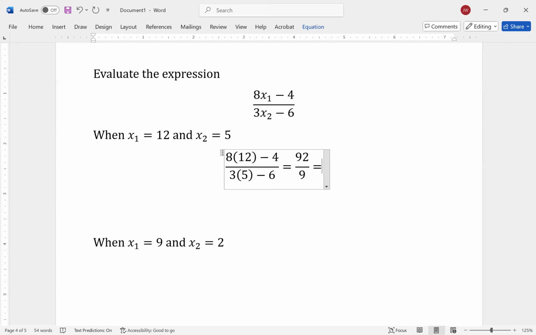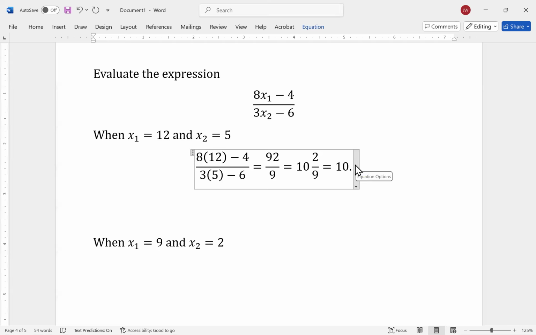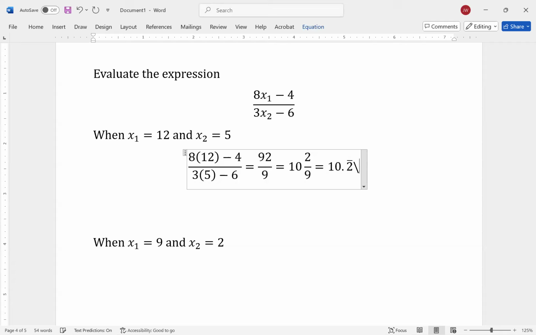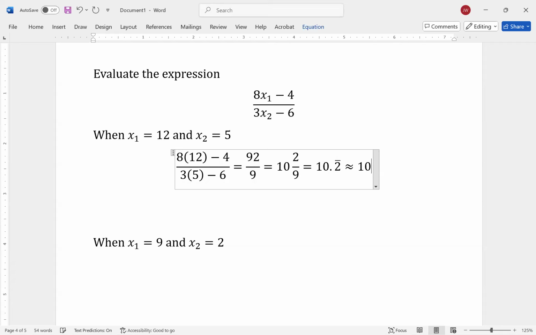You can write this as a mixed number. That's 10 and 2/9. Or you could write this as a repeating decimal, 10.2222 repeating. So that's 10.2 repeating. You just write a line over the 2 because that's going to be 2.22 and so on and so forth. And you could also round it to some decimal place.